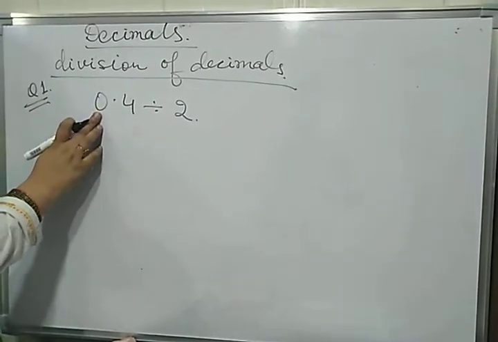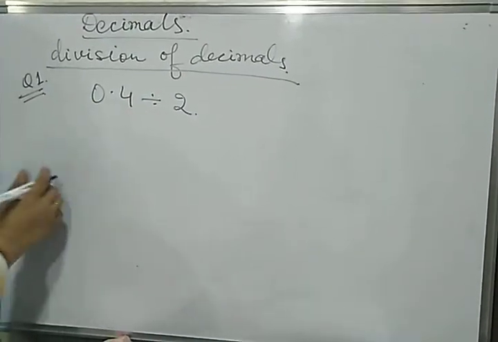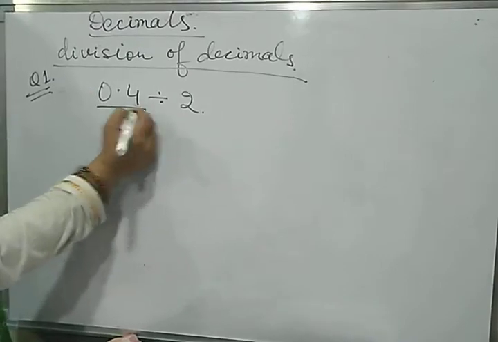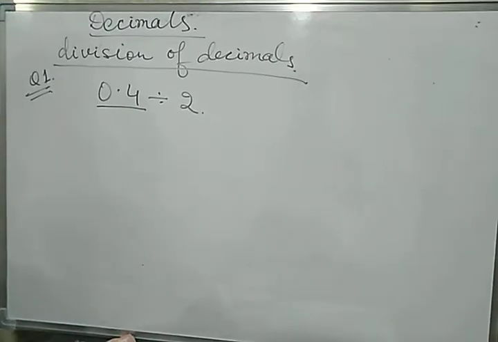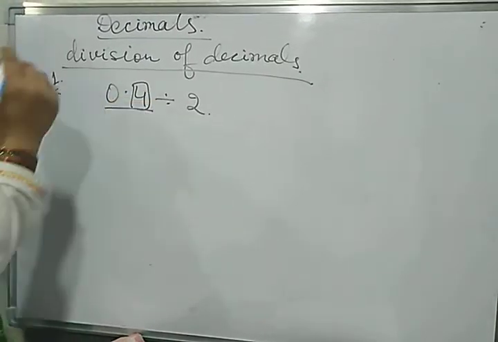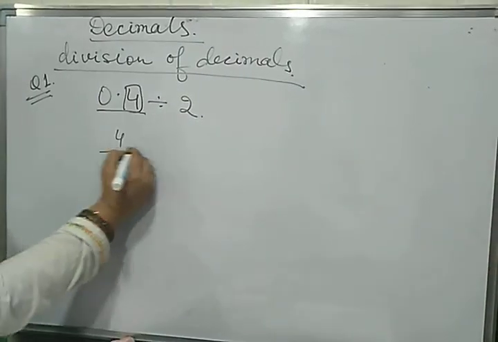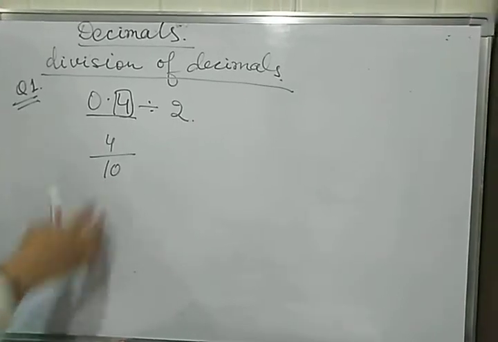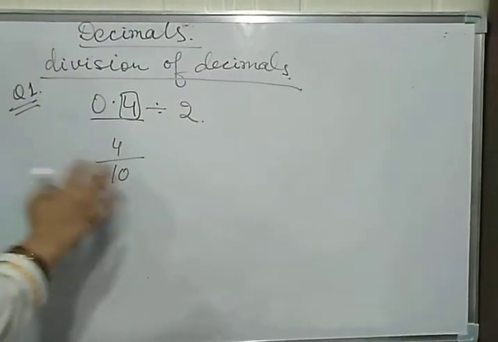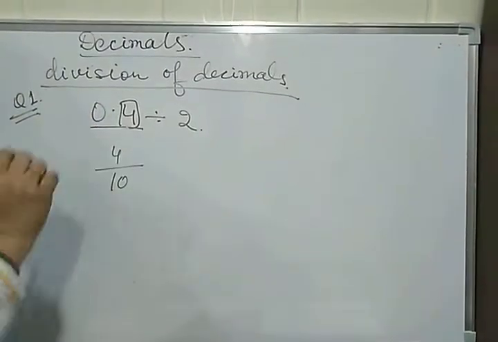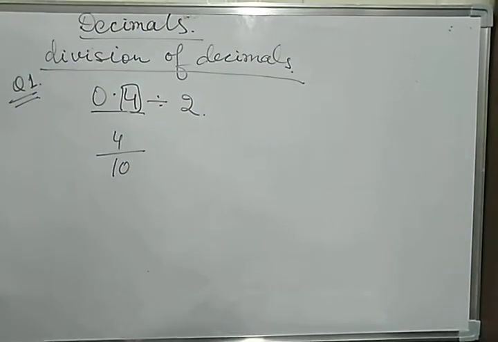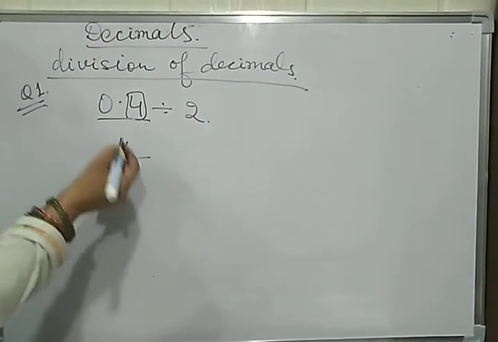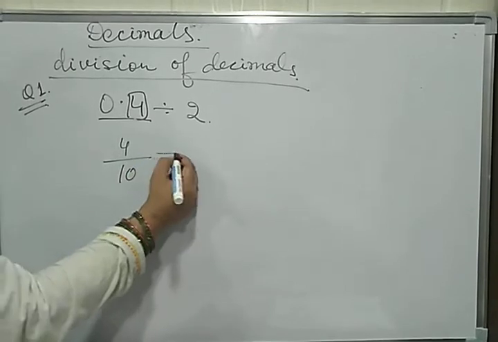Suppose we have to divide 0.4 by 2, then first we will convert this decimal number into a fraction number. How many digits are there after decimal? 1 digit. So we will put 10 in the denominator. If there are 2 digits after decimal, then we will put 100. If 3 digits, then we will put 1000. So the fraction number of 0.4 is 4 upon 10.